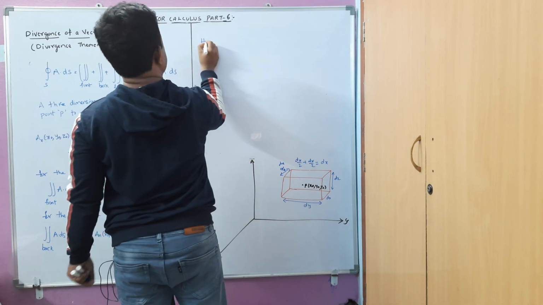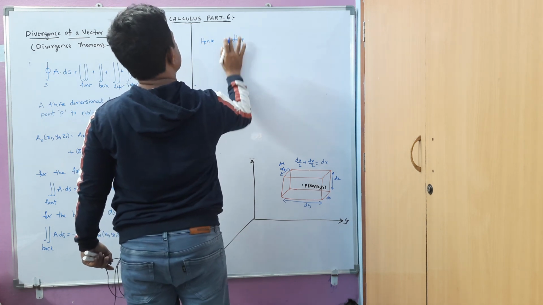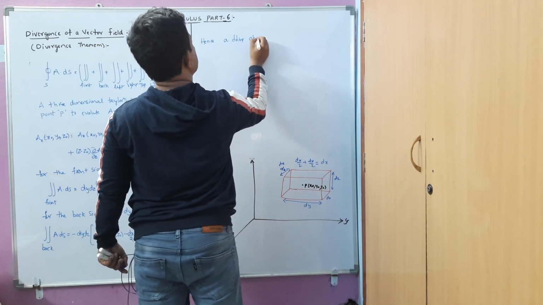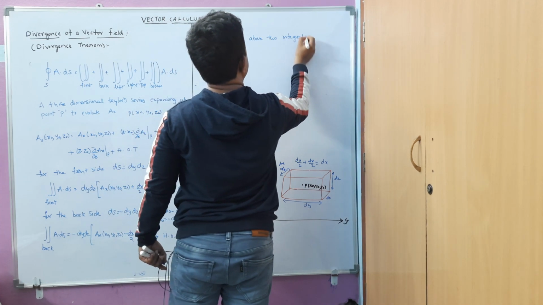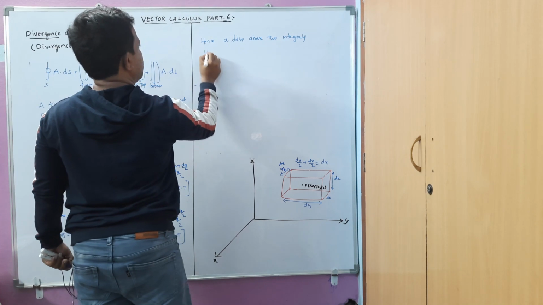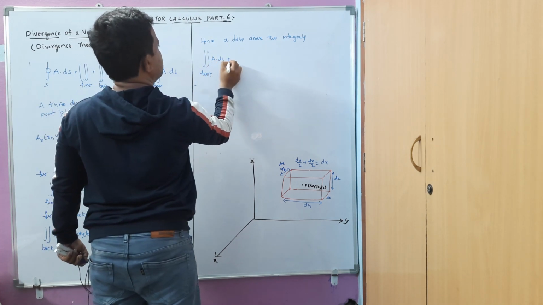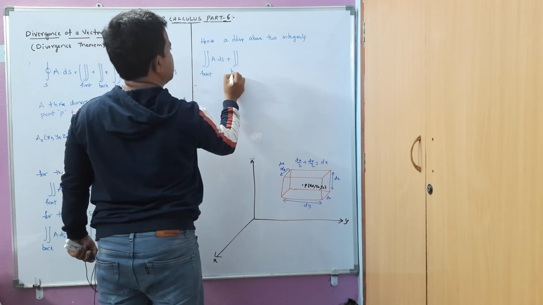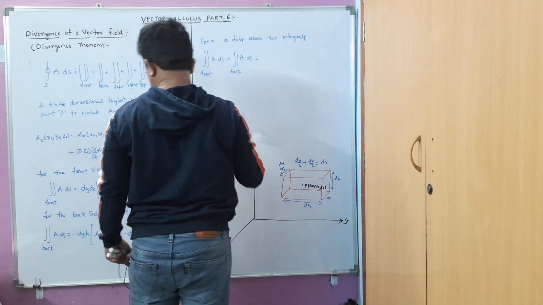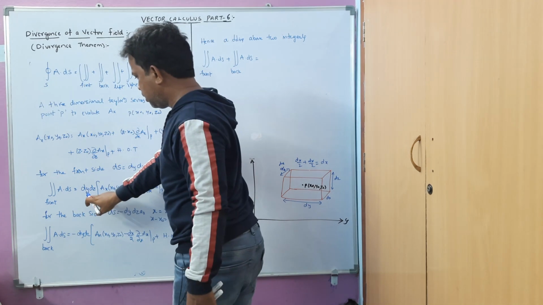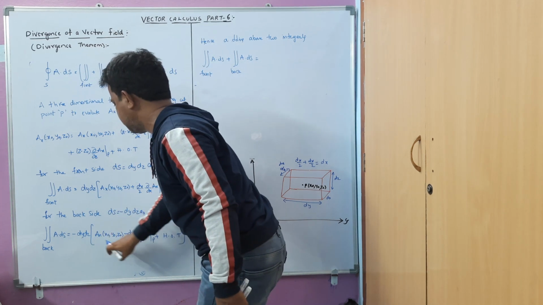Hence, adding the above two integrals, what we get is the front surface integral of A dot ds plus the back surface integral of A dot ds is equal to, what we have got, dy dz for this one and minus dy dz for this one.